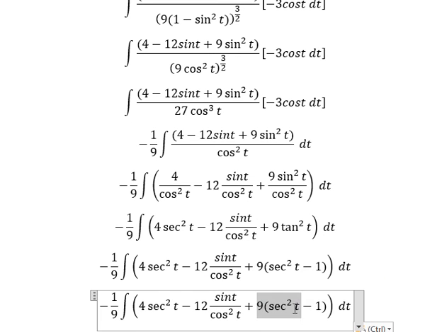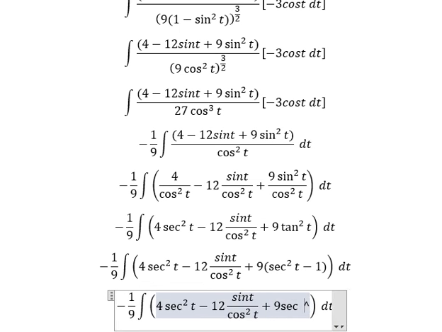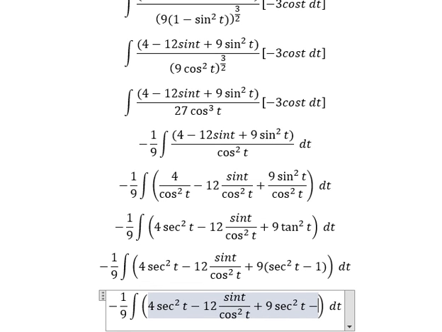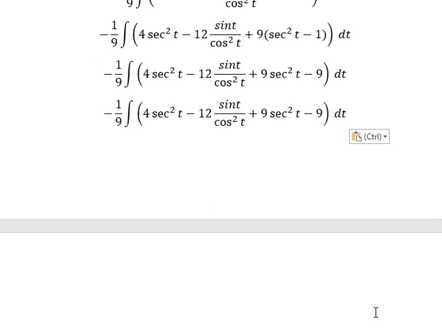So we need to expand this one. So 9 secant of t square with 4 secant of t square, we have 13.